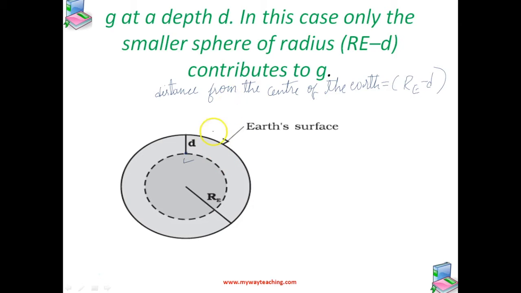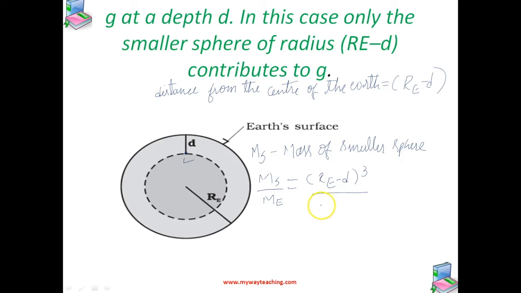So, if Ms is the mass of this smaller sphere, then we can write Ms by Me, the mass of the earth, is equal to (Re minus d) whole cube divided by Re cube, since the mass of a sphere is proportional to the cube of its radius.